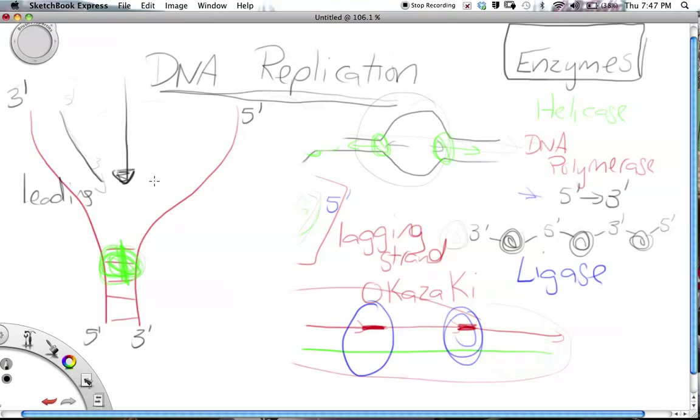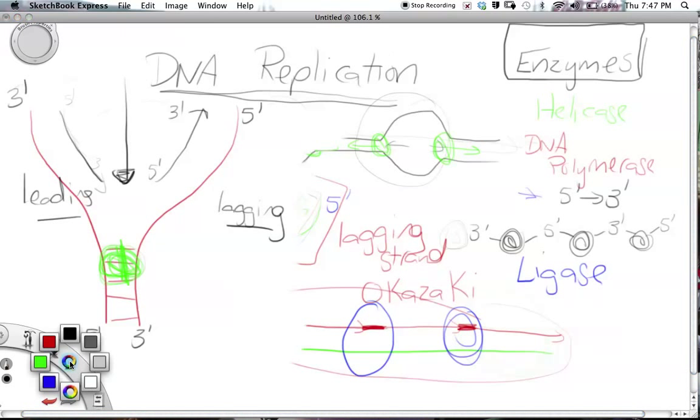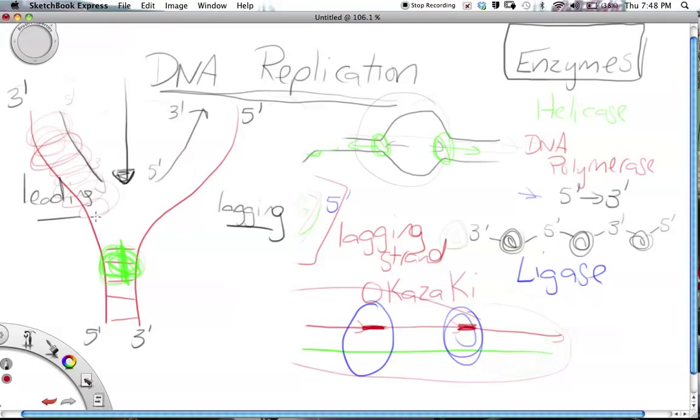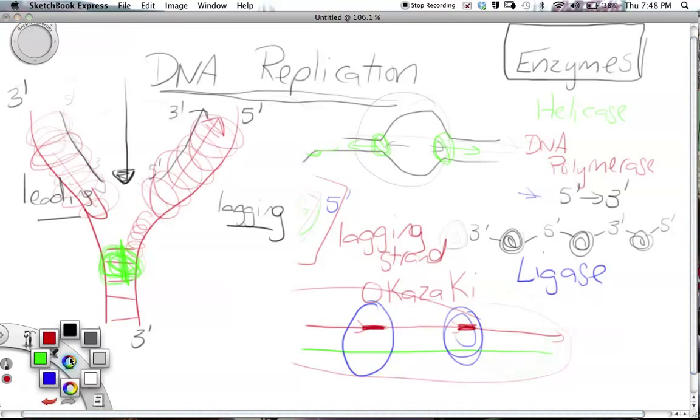And this one, because it's going to have to be made away from the fork in order to become 5 to 3, has to be our lagging strand. And that's where polymerase comes in and continually goes this way, and we'll go backwards this way, and then again backwards, and that's where your ligase will come in.